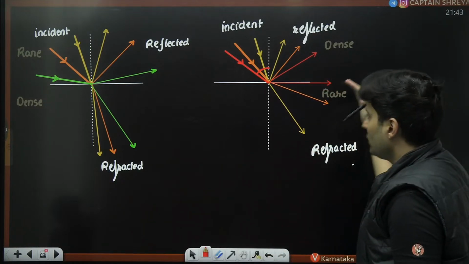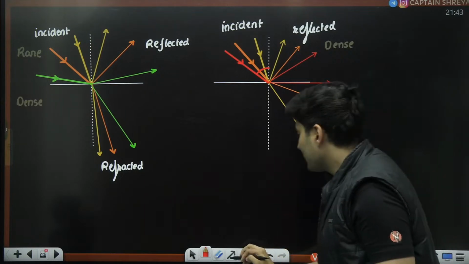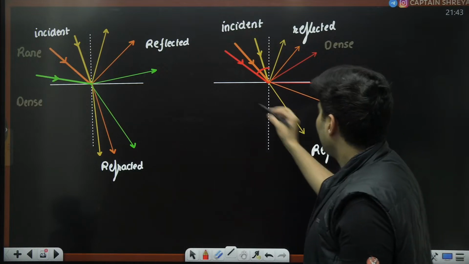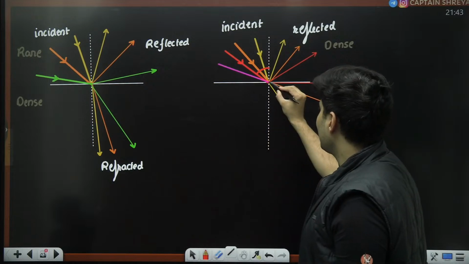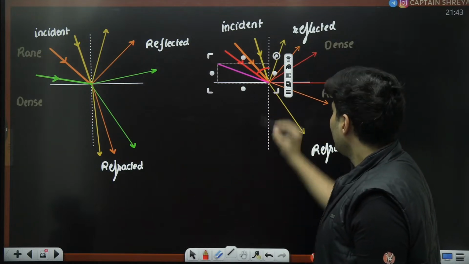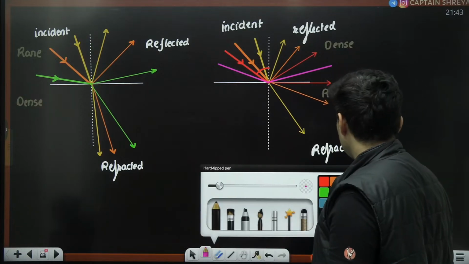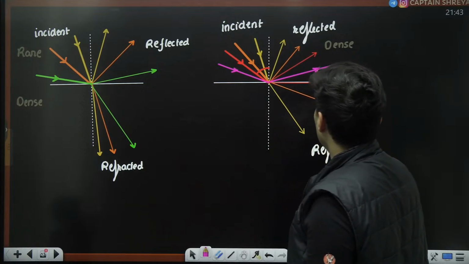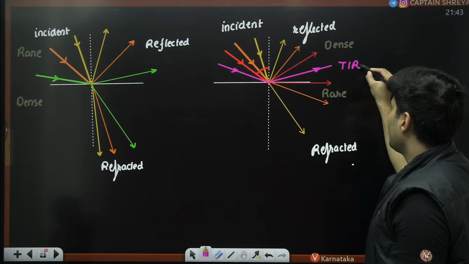the rays. You can't refract the rays beyond this point, because anything more than this, just imagine, if I have any particular ray beyond this, that's it. It can't get refracted. It will only get reflected. So as you can see, this particular ray is only going onto the reflected side. So it is totally internally reflected.